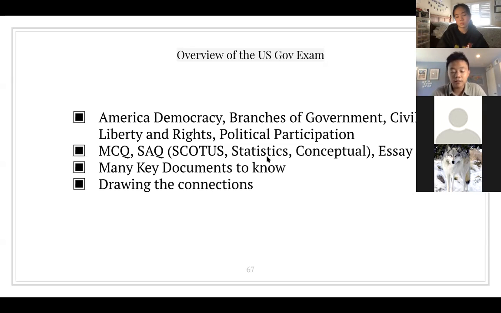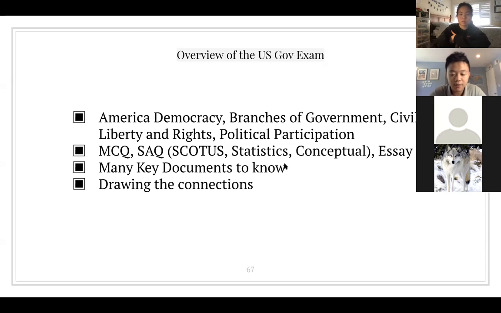Like I mentioned earlier, there are a lot of key documents that you have to know for Gov, like the SCOTUS cases I mentioned earlier. Of course, you have to know the U.S. Constitution, and just a lot of different events and documents that lead to or build up the American democracy.